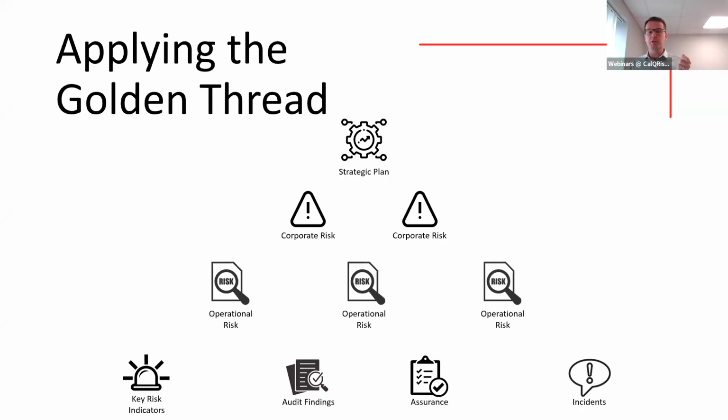So we struggle sometimes to show that, look, here's the corporate risk, here's the incidents that happened down below the operational risk, and here's all the operational risks as well. So do think about the points at which an incident could potentially trigger a reassessment, as in influence the scoring, or perhaps even introduce a new risk onto the risk register as well. And that might be at the operational level.